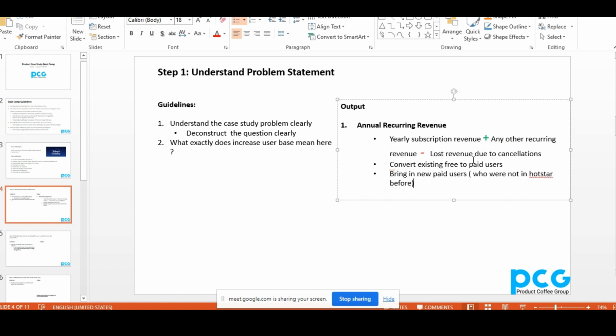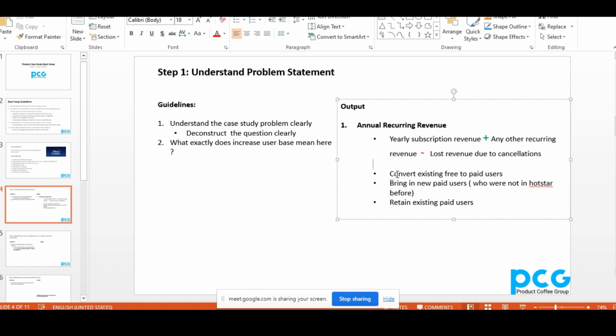This is how you can construct it, and any other recurring revenue is pretty straightforward. You bring in a new form of revenue, a new form of subscription. But I'll write down the third part as well. These are the three levers that you should focus on.